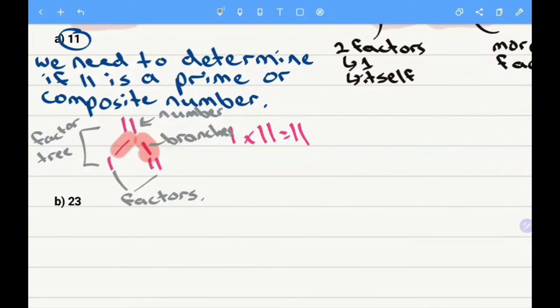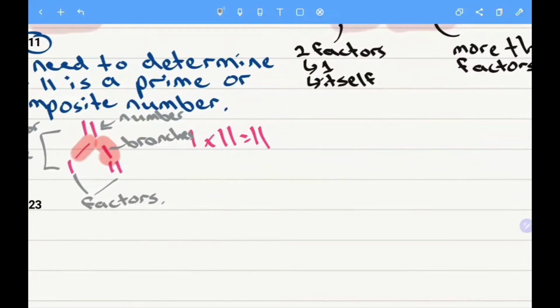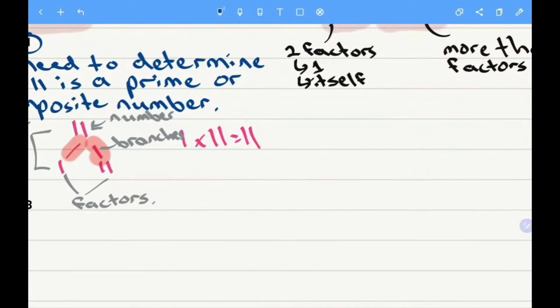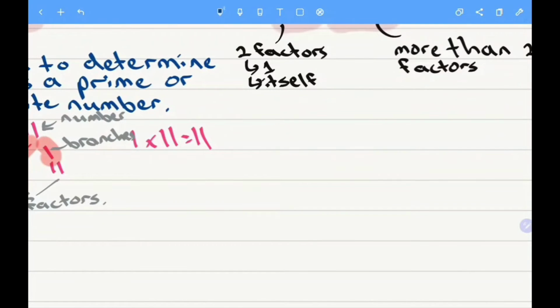And if I was to summarize what a factor tree was, I would say that a factor tree is a method that can be used for determining the factors of a number.